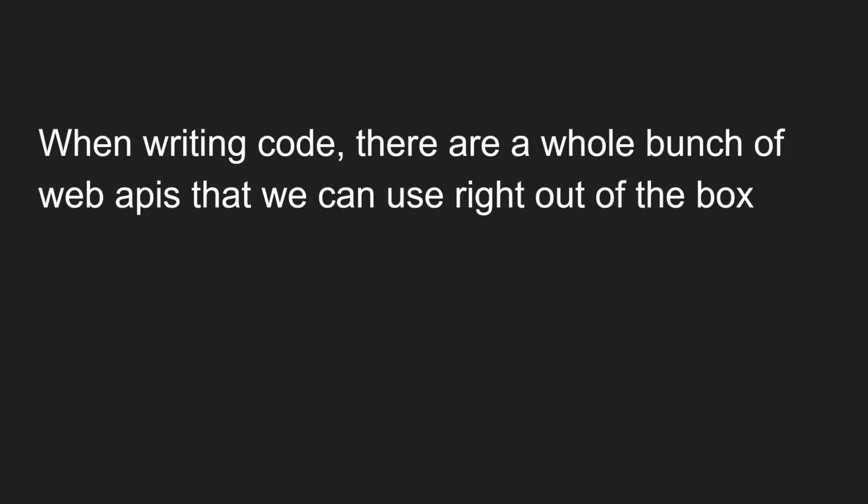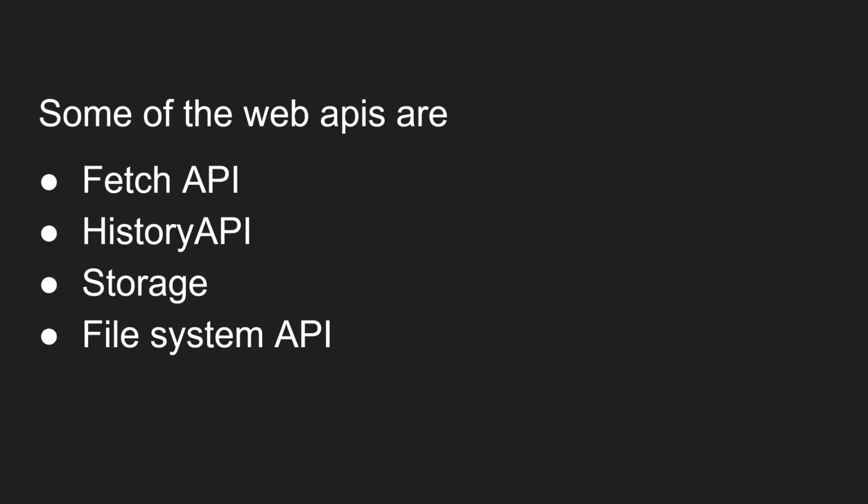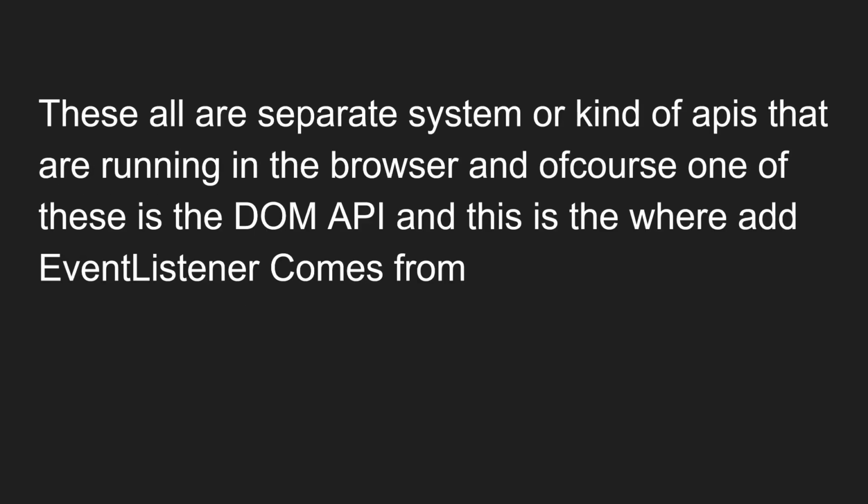When writing code, there are a whole bunch of web APIs that we can use right out of the box. When we are writing JavaScript code, there are a whole bunch of web APIs available right out of the box in the browser. Some of the web APIs are the Fetch API, History API, Storage, and File System API. These are some of the APIs available in the browser.